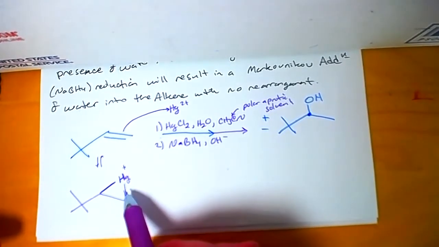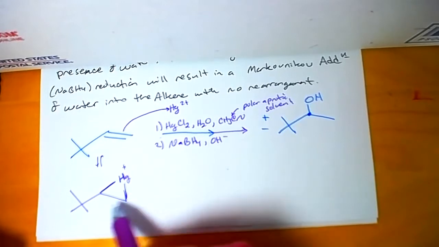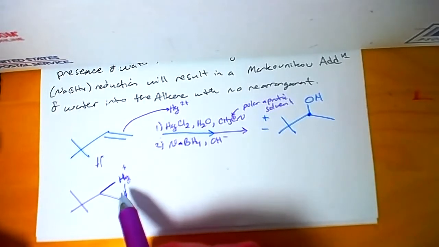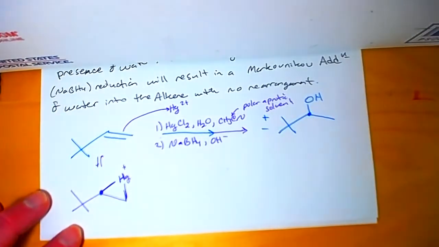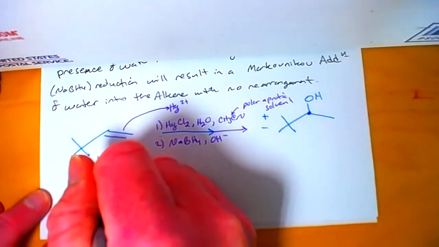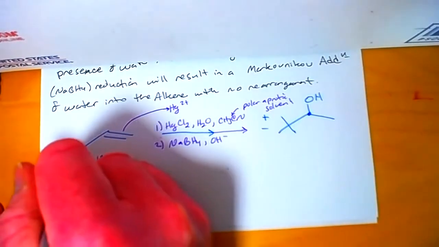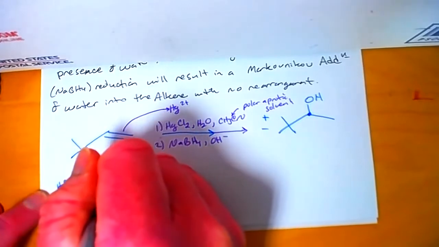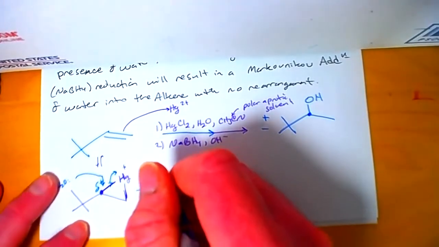Now, just like with addition of water into a bromonium ion, it's the same thing with these mercurinium ions. The water is going to want to add into the more substituted position, because that's where the partial positive charge will be more stabilized. So the water ends up adding in there and opening up that mercurinium ion.